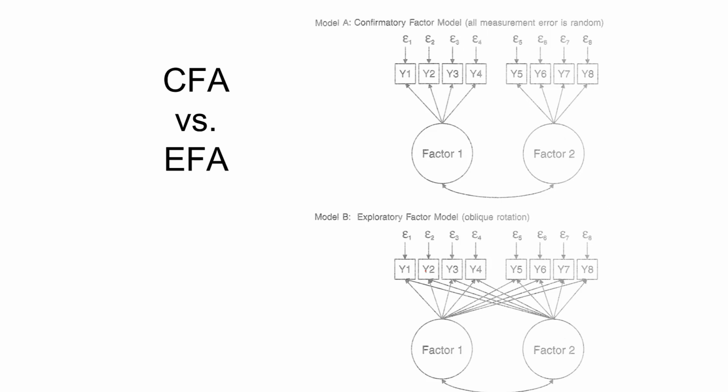All right, so last week we talked about exploratory factor analysis and confirmatory a bit. We're going to talk in more detail about confirmatory this week. And this is a diagram that really gets at the difference between the two. So exploratory, every variable is loaded on every factor.